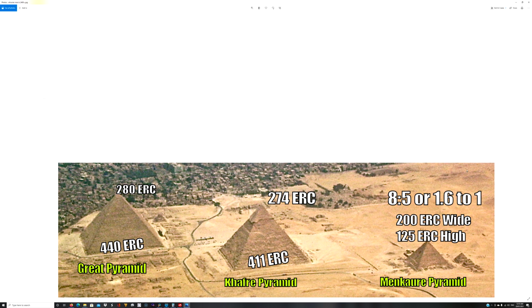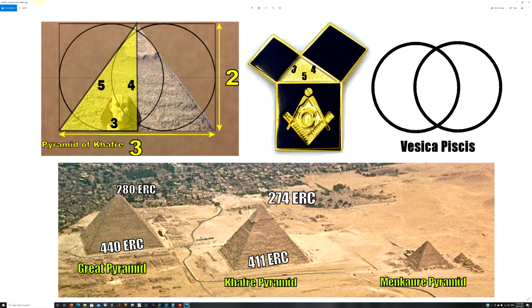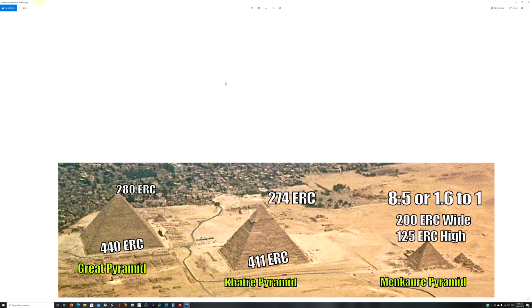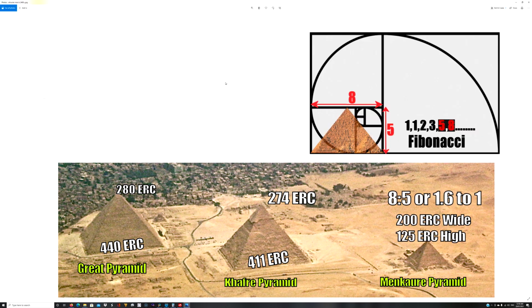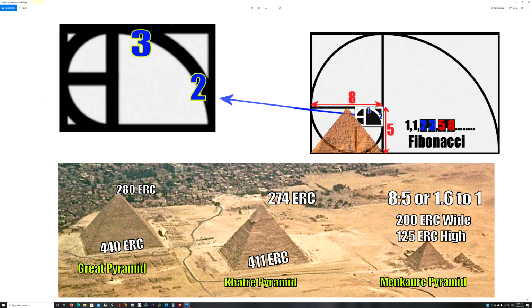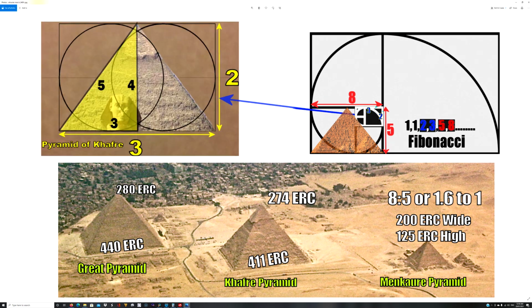Now, the Khafre pyramid, I mentioned, is a 2 to 3 ratio. That's a Fibonacci sequence, and 5 and 8 are also Fibonacci numbers. So again, if you draw a Fibonacci spiral, we have an 8 to 5 rectangle, that's the Menkaure pyramid, and a 2 to 3 gives us the Khafre pyramid.